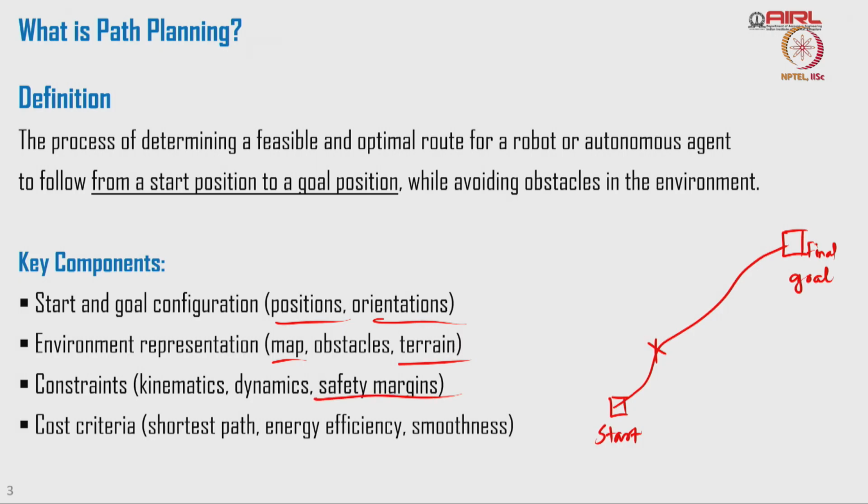Then there will be cost criteria like shortest path, energy efficient path, smooth path. These are metrics to check whether the path planned by some path planning algorithm is satisfying or not. Based on that, the efficiency or credibility of the algorithm depends.